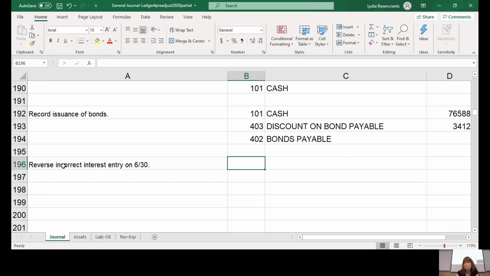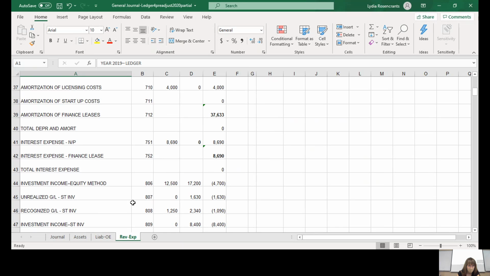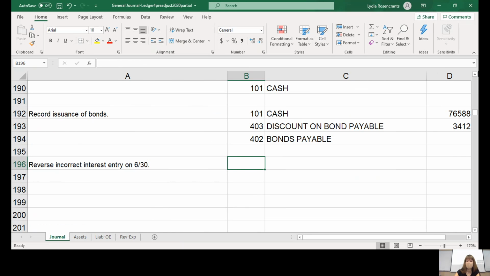So that was 751. So we're going to do 101 and 751 to reverse.